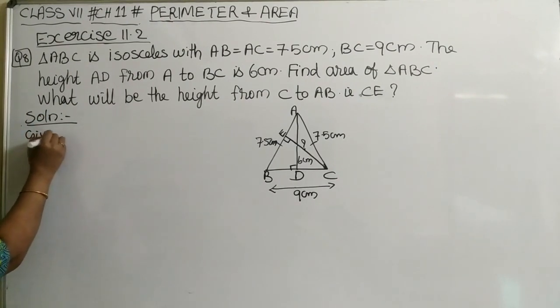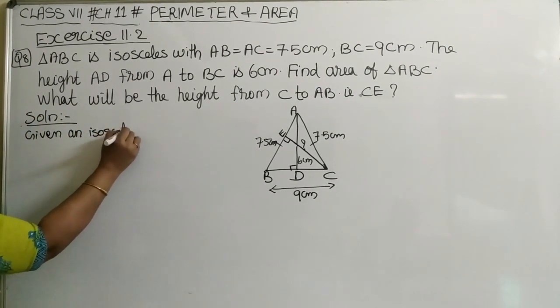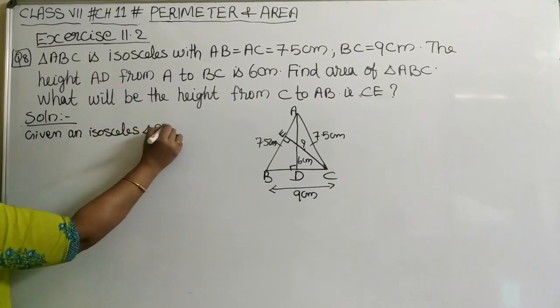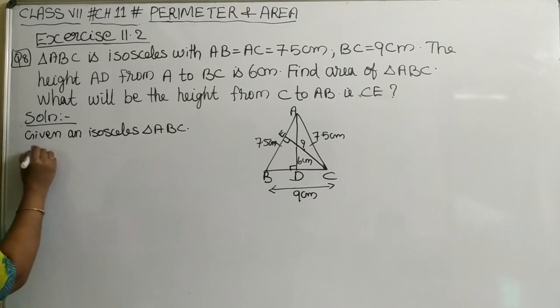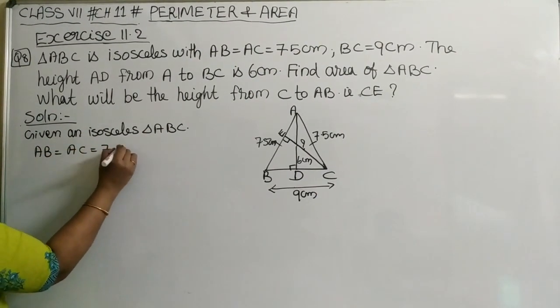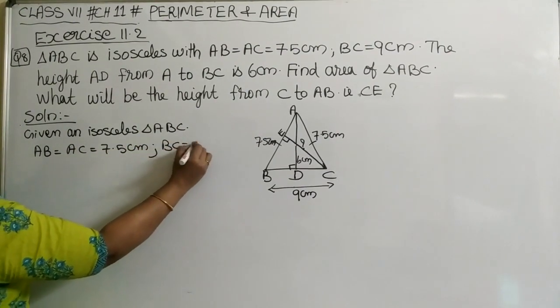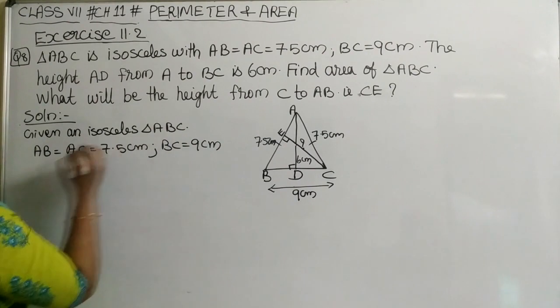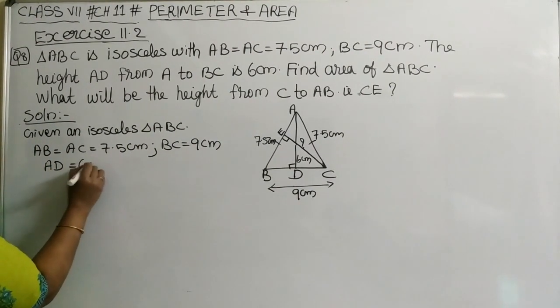Given an isosceles triangle ABC with AB equal to AC equal to 7.5 centimeter, BC equal to 9 centimeter and AD equal to 6 centimeter.